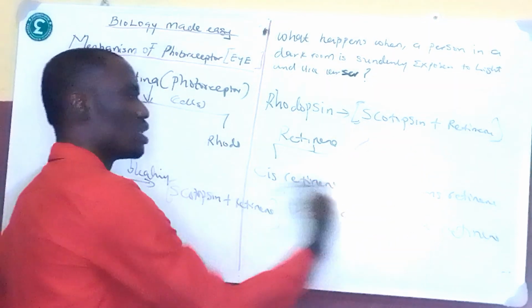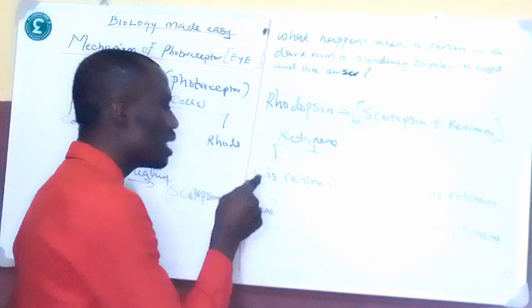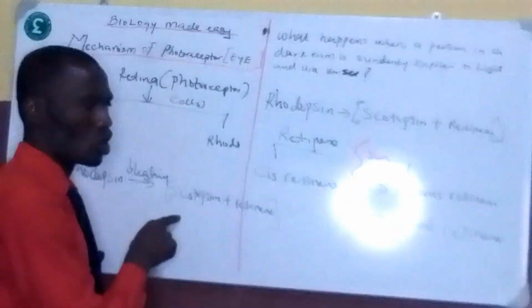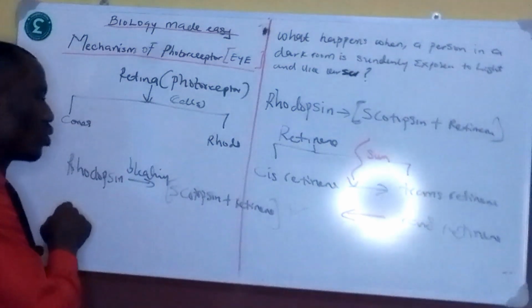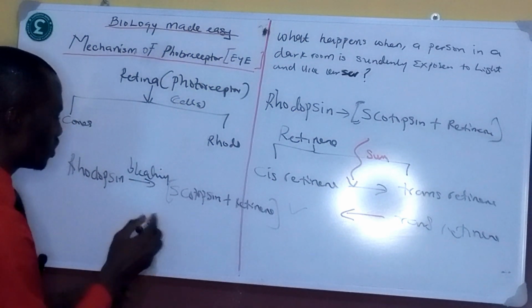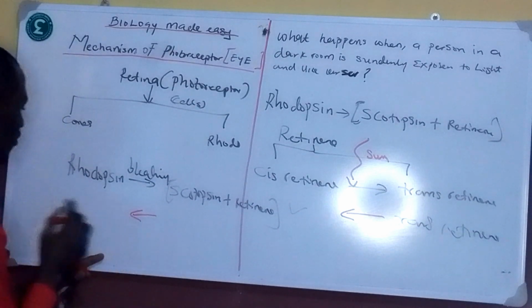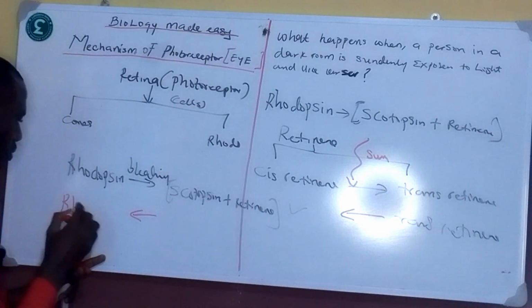And when the trans-retinine is reconverted to cis-retinine, the retinine will now combine back with the scotopsin to form the rhodopsin. So it's just a reverse process that occurs here. And then finally, rhodopsin is formed.